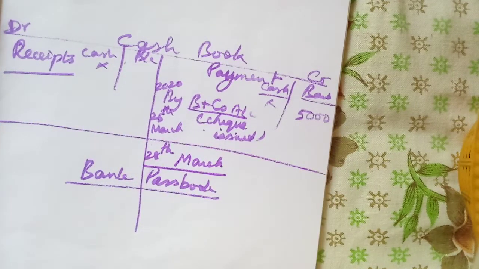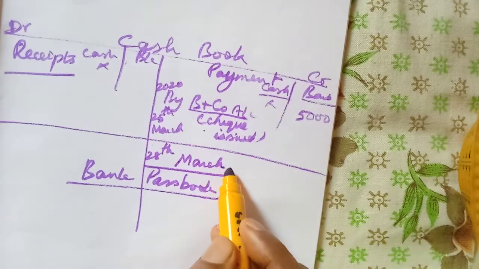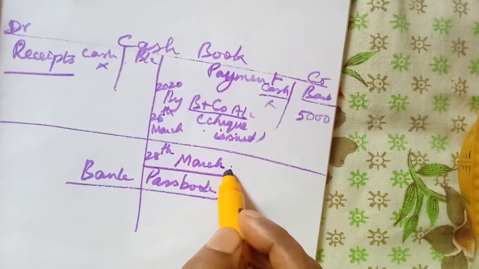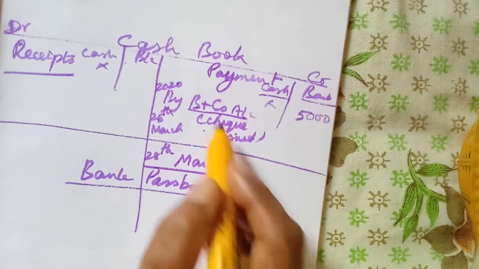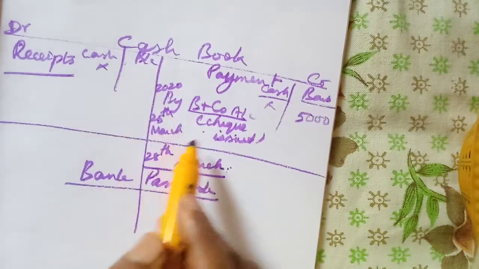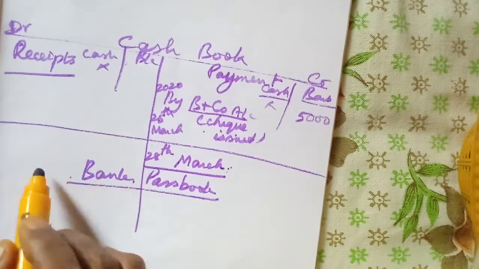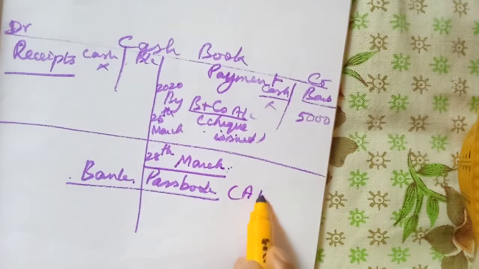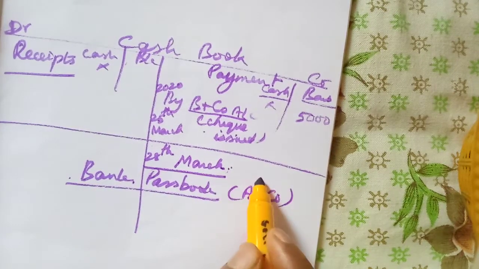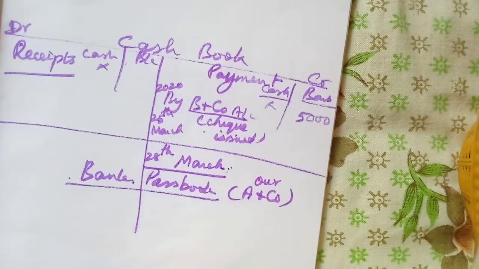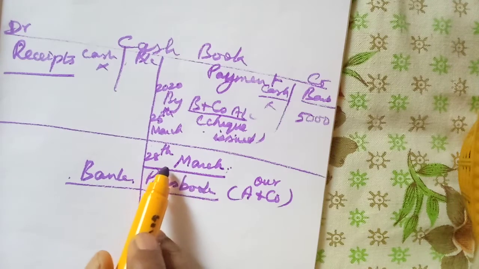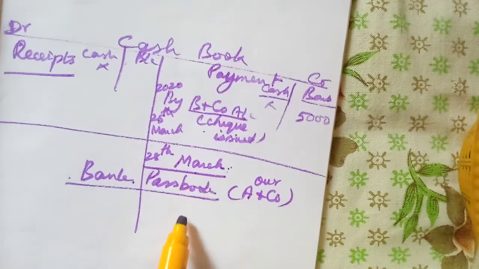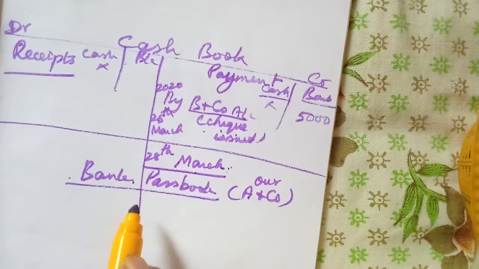In his bank he is giving it, and that bank will send that check to our bank, A and Co's bank. This one, the bank statement passbook of A and Co. So our bank, it will send on 28th and it is coming, and our bank officials are entering.